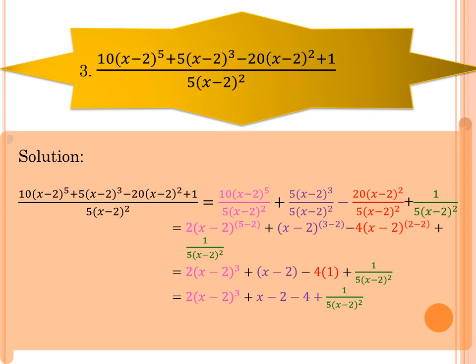Now, next step, subtract lang natin yung negative 2 and negative 4. So, we will have 2 quantity x minus 2 to the power of 3 plus x. Negative 2 minus 4 is just equal to negative 6 plus 1 over 5 quantity x minus 2 to the power of 2. And this would be our final answer.